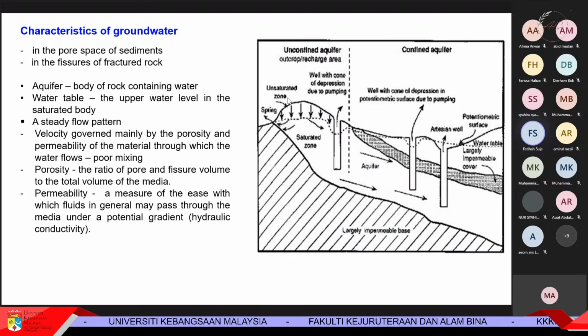The unsaturated zone can help reduce the concentration of some pollutants entering the groundwater, especially microorganisms. Like if you have a septic tank, the leaching from the septic tank will not go into the unsaturated zone of this groundwater.